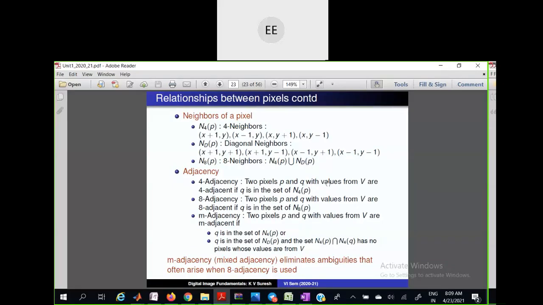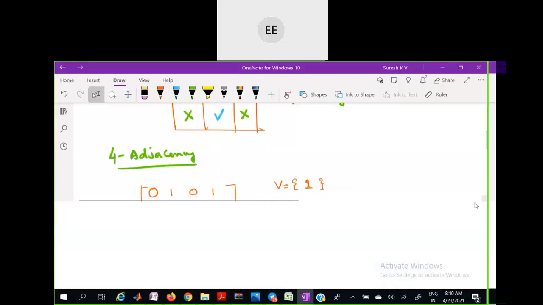That means both of them should be from the set V, and they are said to be adjacent if Q is a 4 neighbor of P. That means it has to satisfy two conditions.